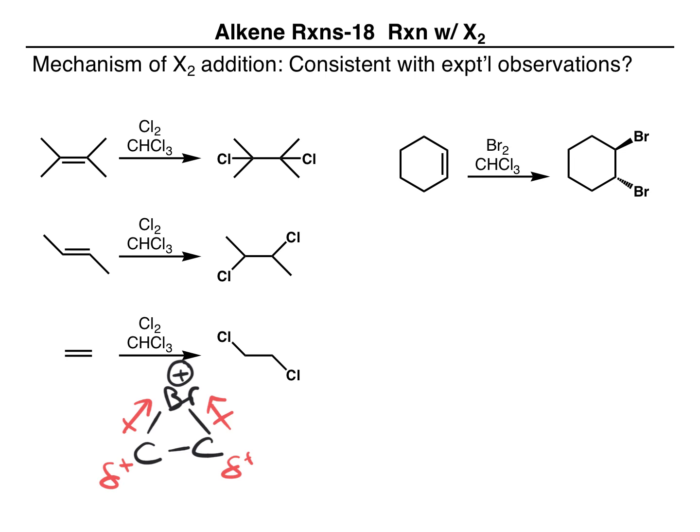Perhaps even more important in terms of experimental observations is the trans stereochemistry resulting from reaction of cyclohexene with bromine.